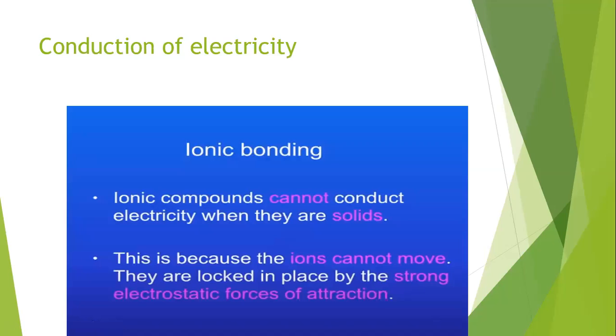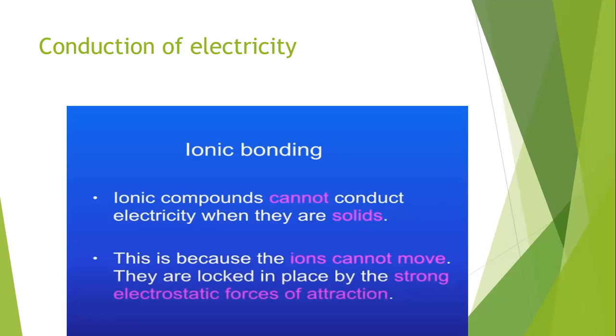Ionic compounds cannot conduct electricity when they are solid. For example, if you take common salt and try to conduct electricity through it, it will not conduct. Ionic compounds in solid form do not conduct electricity because their opposite ions are tightly packed together.